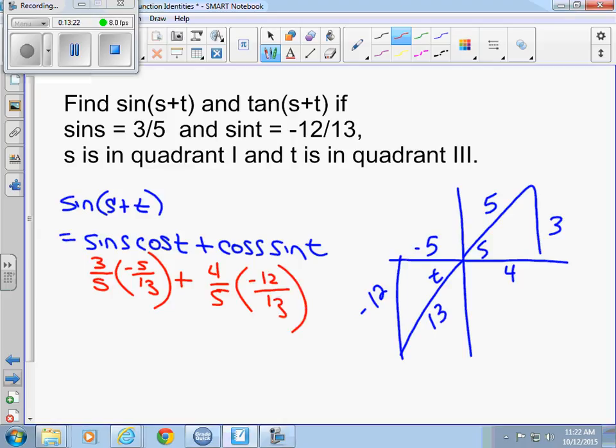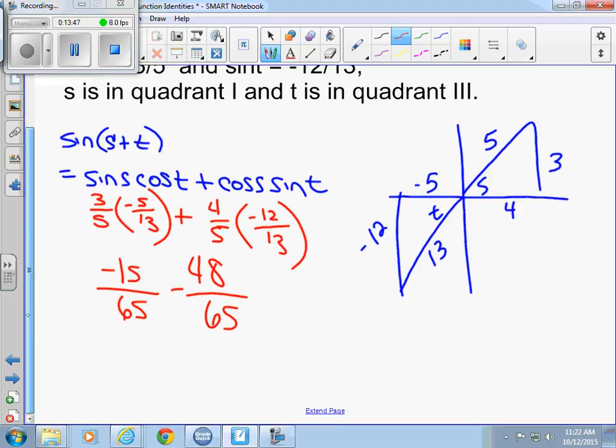Do some multiplication. Negative 15 minus 48 is negative 63. Is that right?